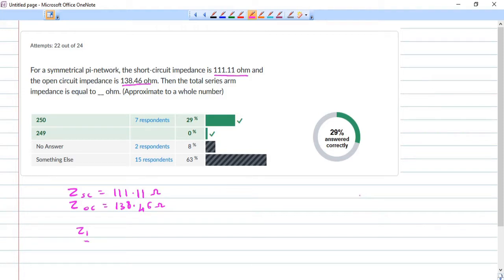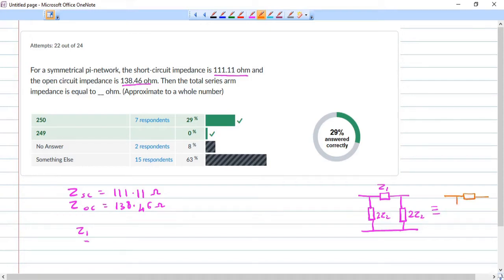So we have the pi network like this. So we have only one series arm impedance Z1 and two shunt arm impedances, each having impedance twice Z2. Now this could be represented by its equivalent admittance network as follows.